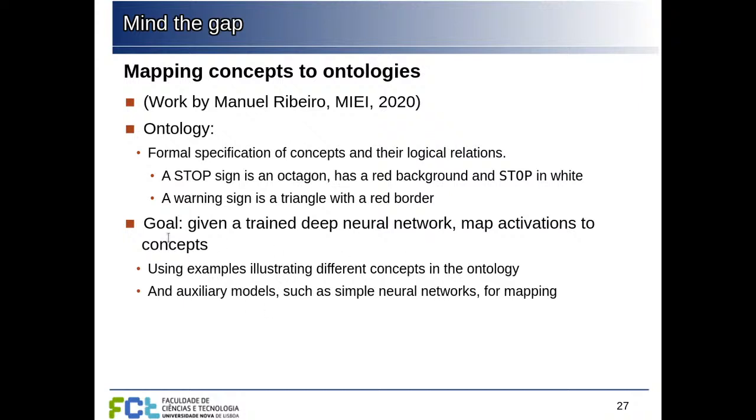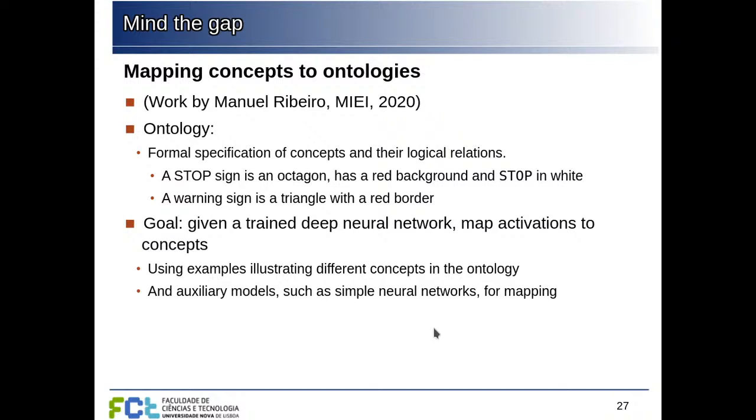But the mapping is done using auxiliary models such as small neural networks, and not just a linear model to obtain the concept activation vector. We are not using those vectors. We are just mapping from the activations of hidden layers in the network to specific concepts.